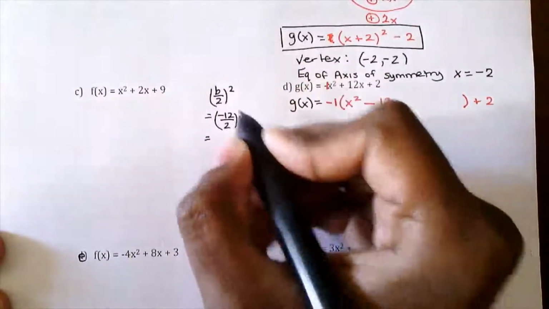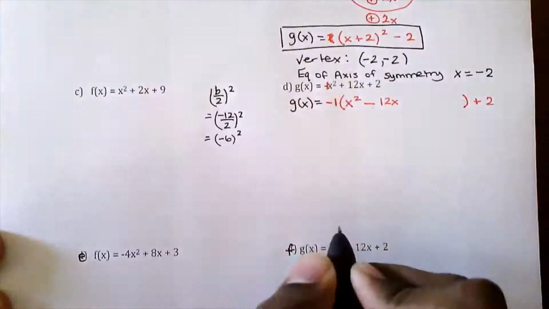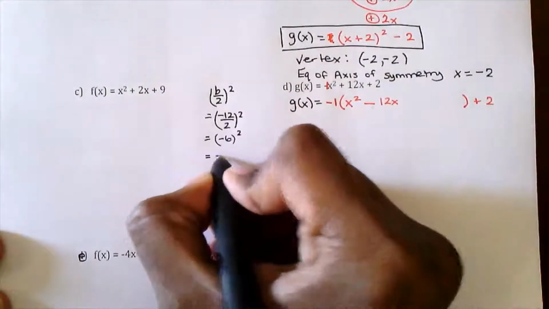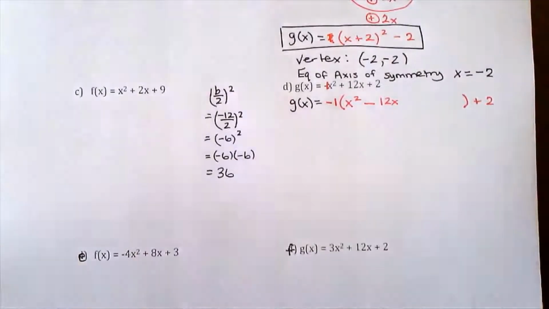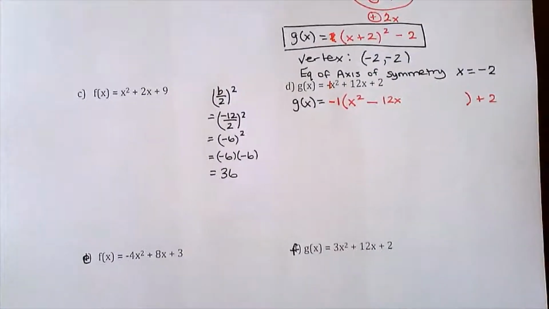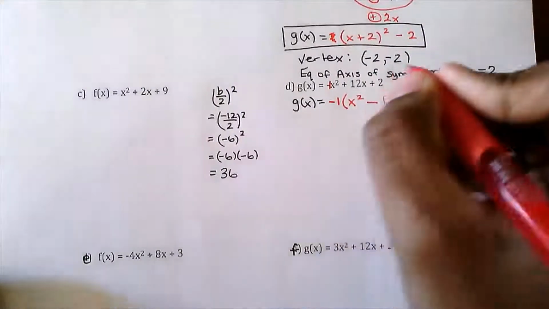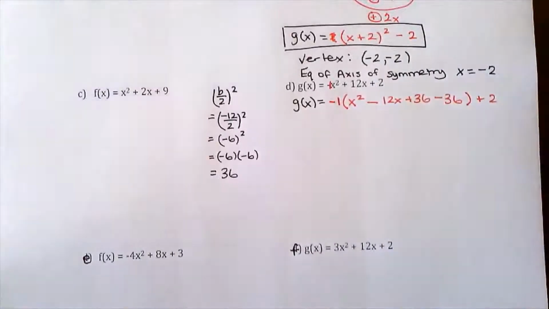Negative 12 divided by 2 is negative 6 squared, and negative 6 squared is the same thing as negative 6 times negative 6, which is positive 36. So because positive 36 is my b over 2 squared value, I'm going to add 36. Remember, the add comes first, and subtract 36 as well.